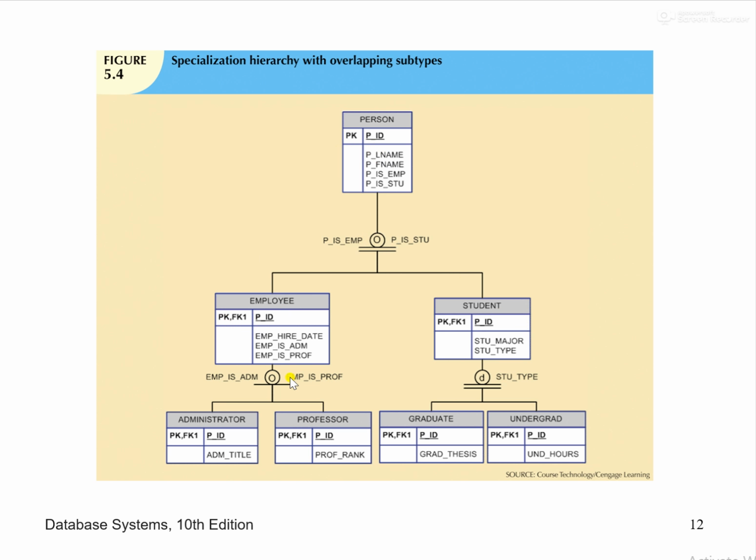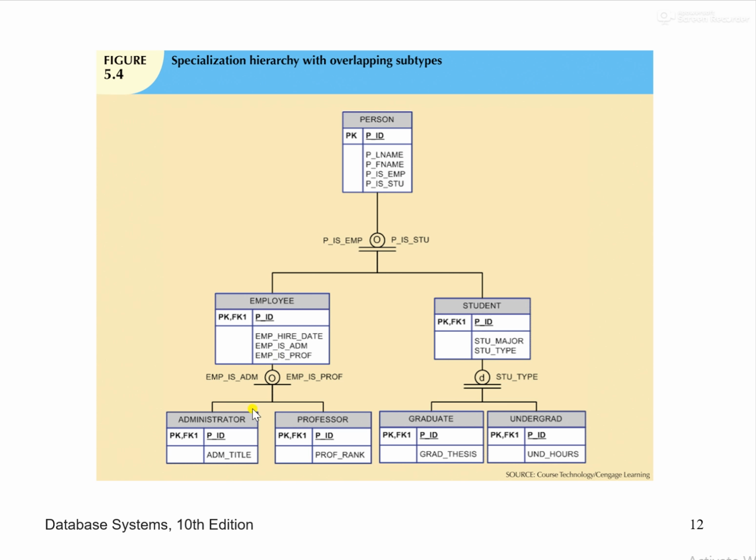But here we can see that we have partial completeness. It is possible that we have an employee over here which is neither an administrator nor a professor, maybe some other type of employee like staff.